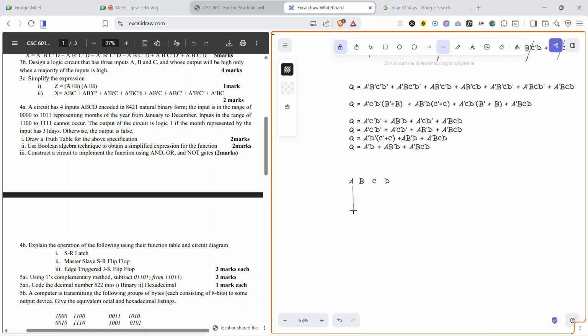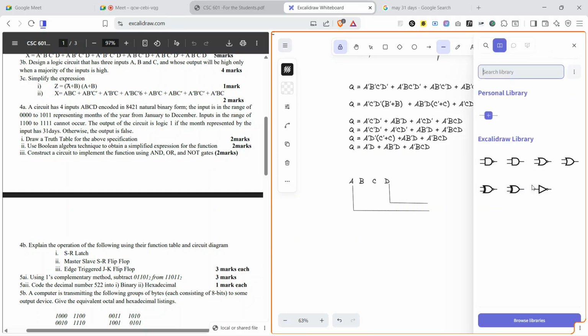A. A and D. But for A, because it is A bar, and we are told to make use of NOT gates and AND gates for all, we put a NOT gate here.